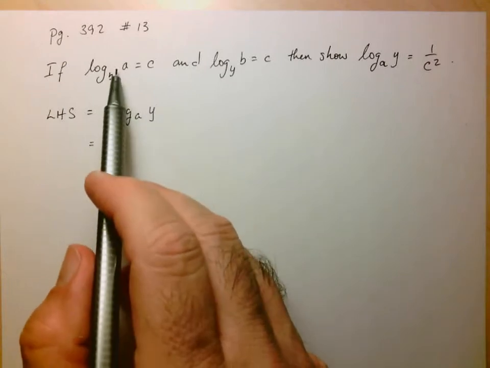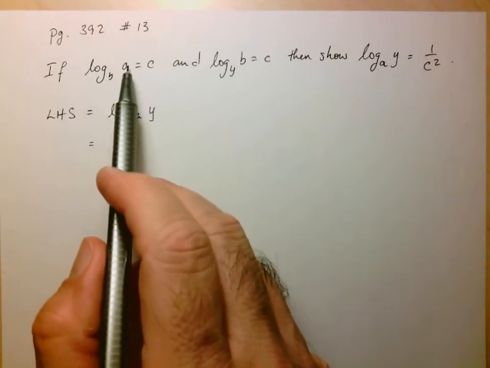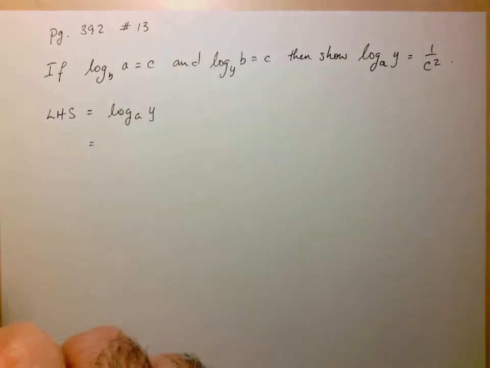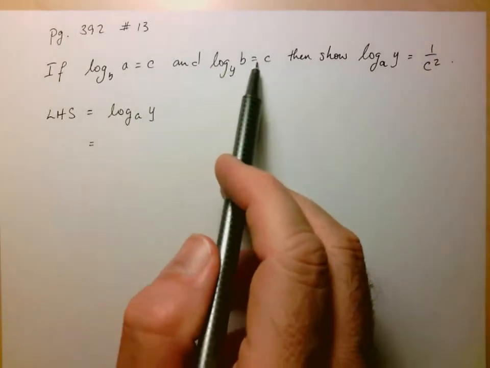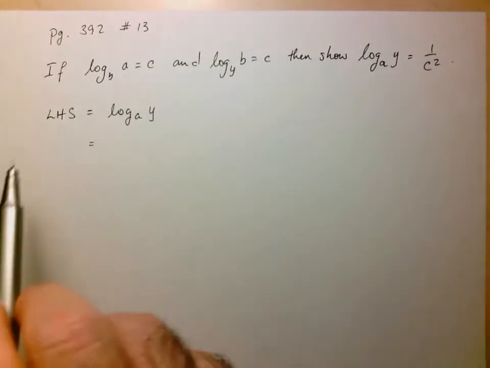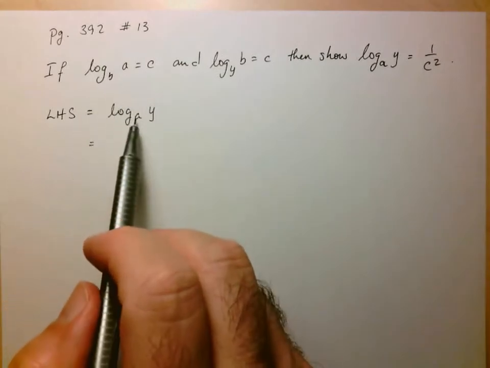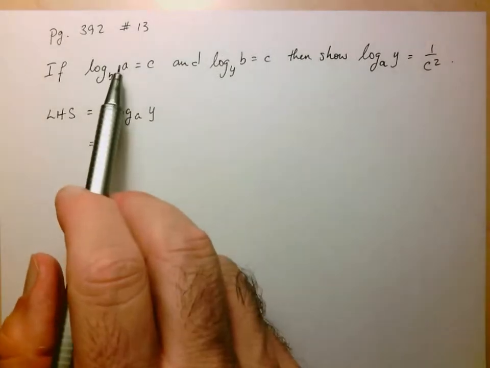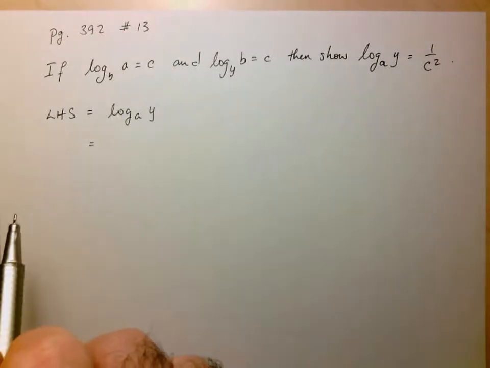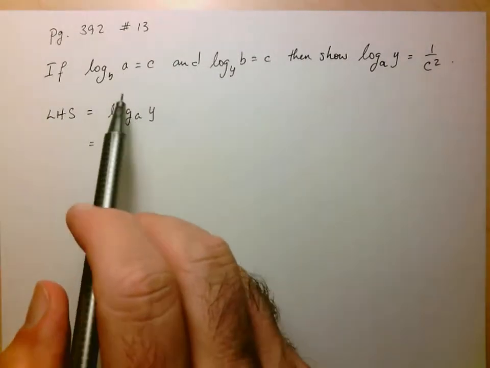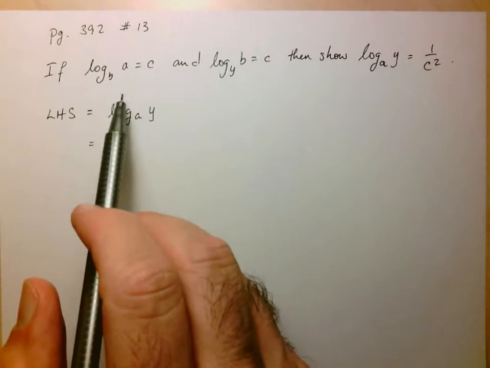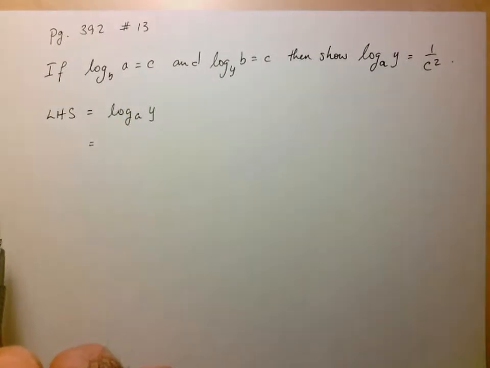I'd like to have something that has the a perhaps not in the base but in the input of a logarithm. I notice I don't have any a's in this second one, but I do have an a there. So how can I get this a in the base into this a as an input? This is where I hope you're thinking of the change of base formula, because that's exactly what the change of base formula is.